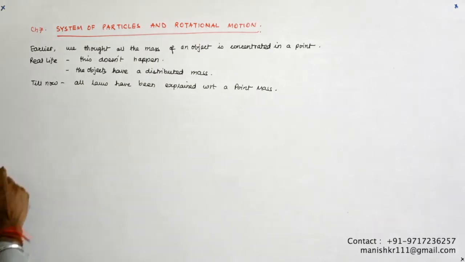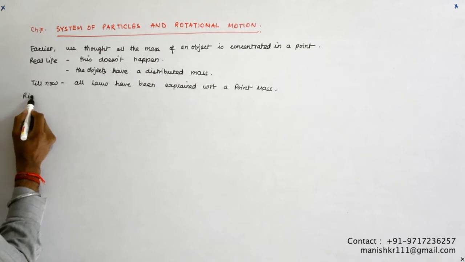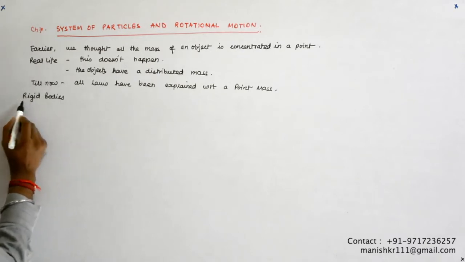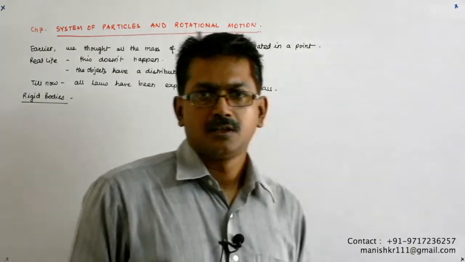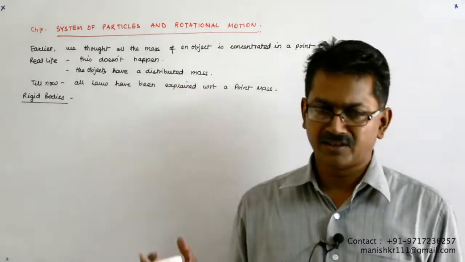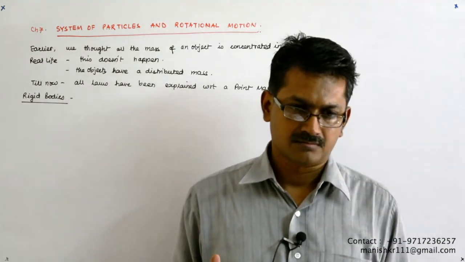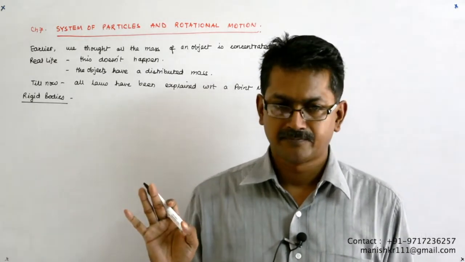But before that, the kind of objects that we are dealing with are nothing but rigid bodies. That is something that is important. Those masses that we are seeing, they are rigid for us to be able to analyze them right now.